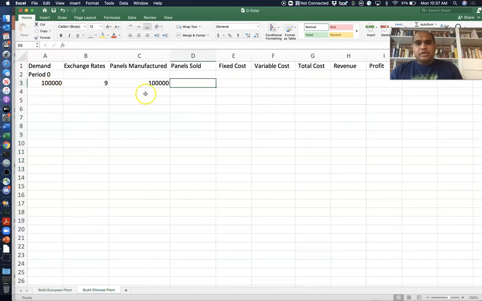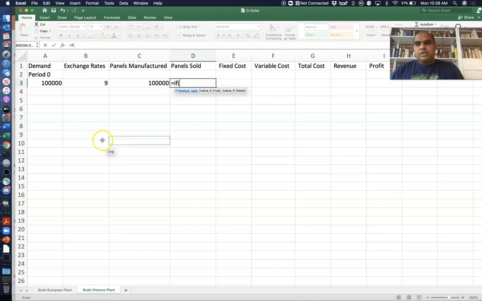So if demand is 64,000, you'll still make 100,000 panels, pay for the fixed and the variable cost, but the revenue will be based only on selling 64,000. So if demand is less than 100,000, that's the first check. If demand is less than 100,000, then the number of panels sold are the same as demand, whatever your demand is, right? So you have to make more panels, but you can only sell so many.